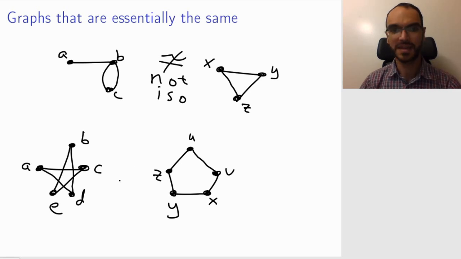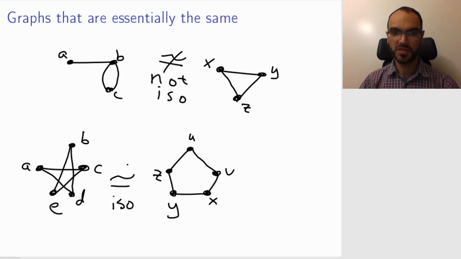Okay, welcome back. I claim that they are isomorphic. So this means isomorphic, despite the fact that pictorially they look different. So let's find an isomorphism, and I'll do it in the following way. So I will start with this one.